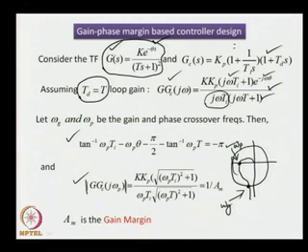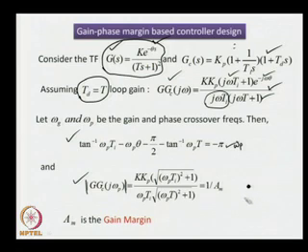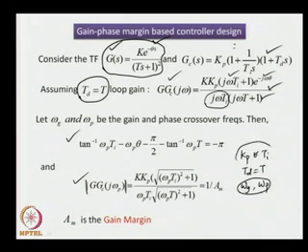Now, solving the four equations will enable us to estimate the two unknown parameters of the controller, Kp and Ti. We have already assumed Td to be T, and again omega g and omega p. So, the four equations will give us estimates for Kp, Ti, omega g, omega p.